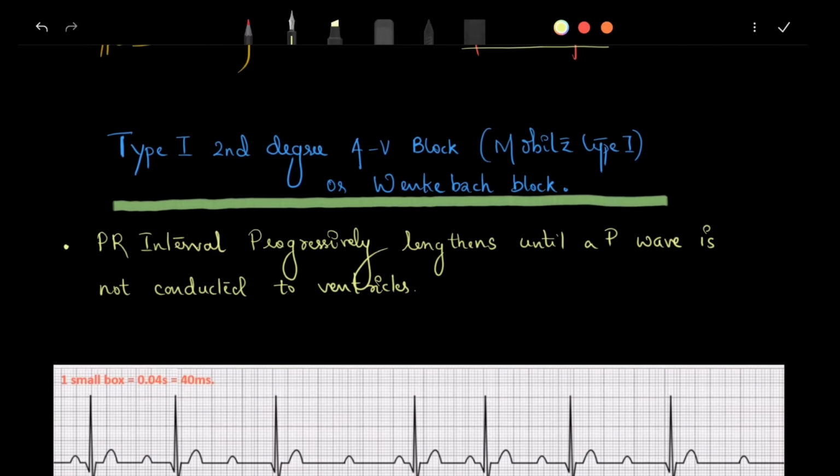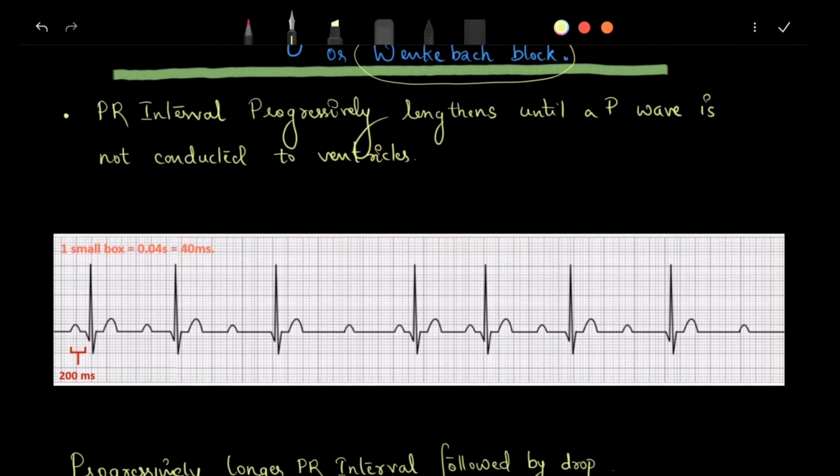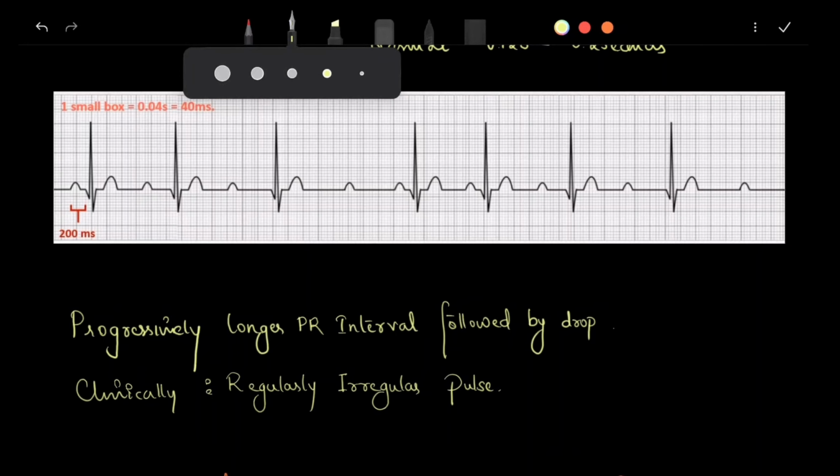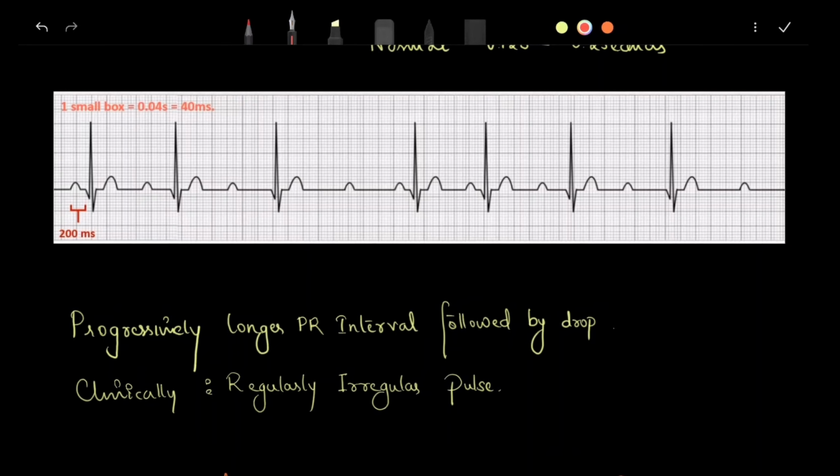The type 1 second degree AV block, that is Mobitz type 1, is also called Wenckebach block. Here, the PR interval progressively lengthens until a P wave is not conducted to the ventricle. The normal PR interval, we all know, is between 0.12 and 0.2 seconds. Here, the first PR interval is 200 milliseconds, almost 5 small boxes.